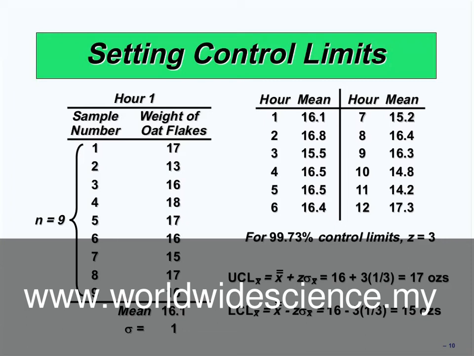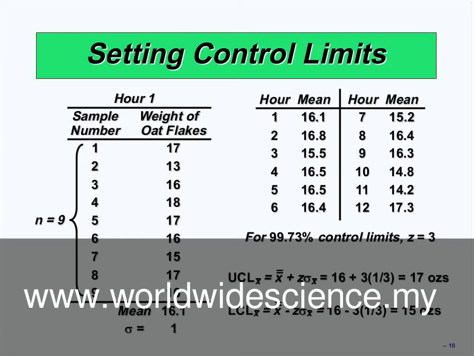They have told the operation managers, you should measure the weight of the flakes every hour or every half an hour, and the weight shouldn't exceed this amount. The amount of the weight for sampling has been given to the operation or quality manager.